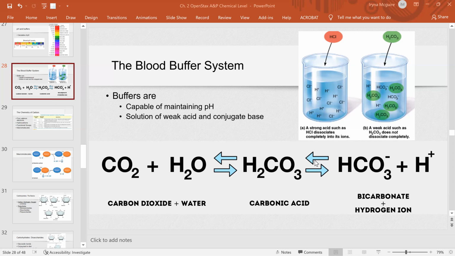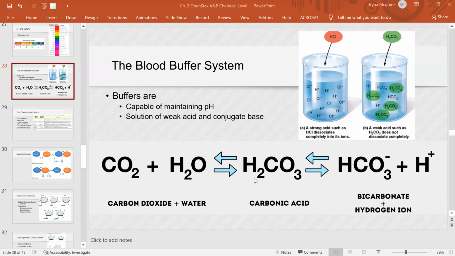And that's so perfect, because when the amount of hydrogen ions increases, you can attach these hydrogen ions to bicarbonate, and you make more carbonic acid that removes hydrogen from solution, making you less acidic. If you don't have enough hydrogen ions, then more carbonic acid will dissociate into bicarbonate and hydrogen ions.